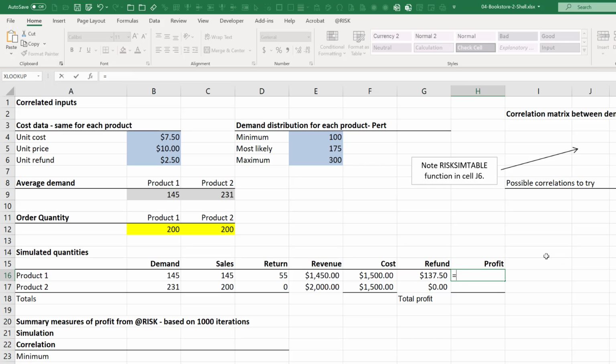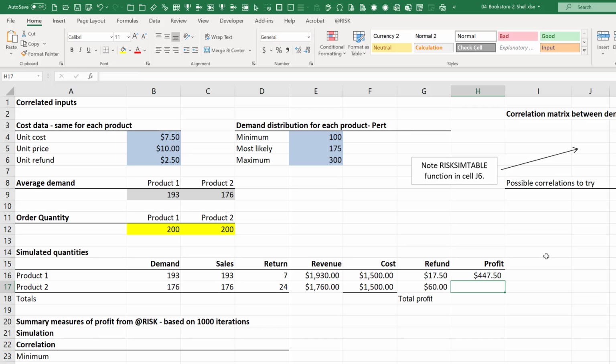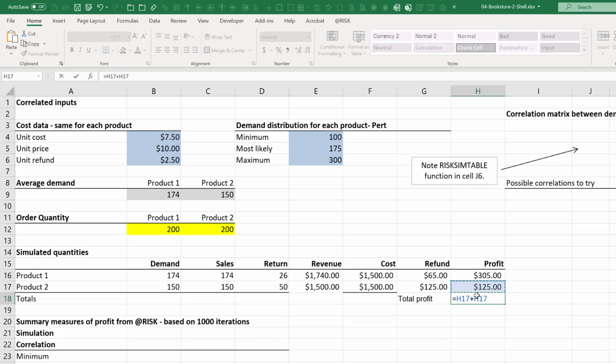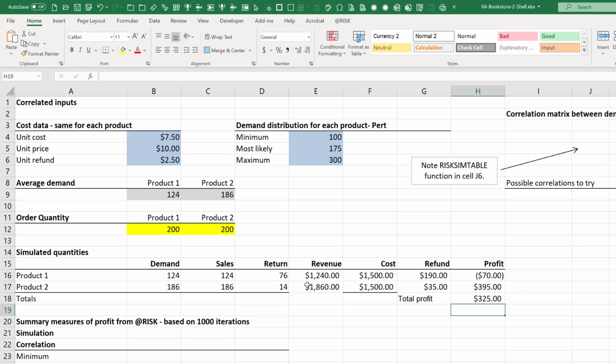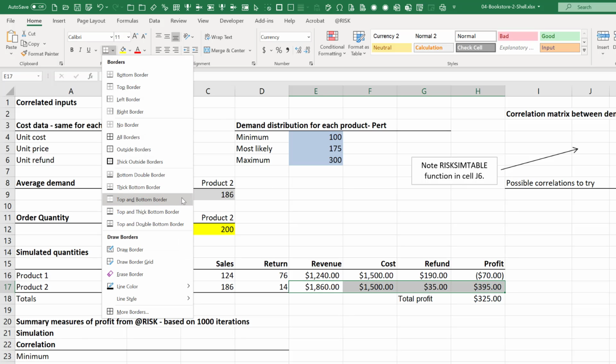And profit will be revenue minus cost plus refund. So copy that. And then add the two profits, that would be our total profit. So now I messed up the border, so let's put that back.